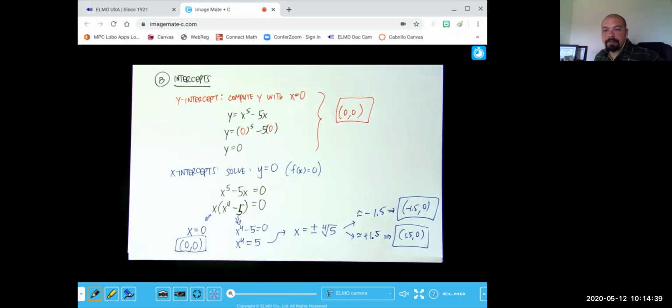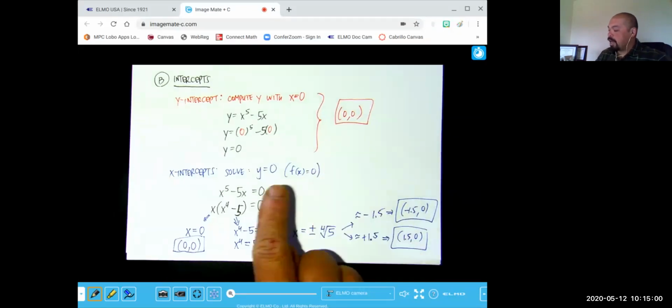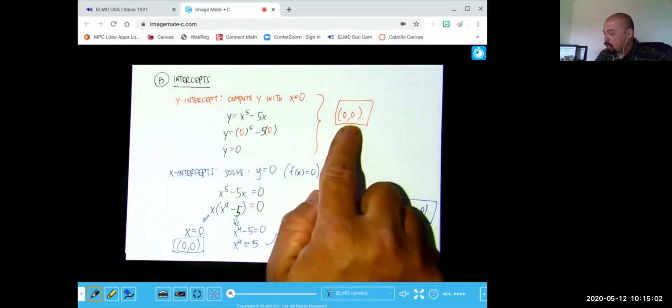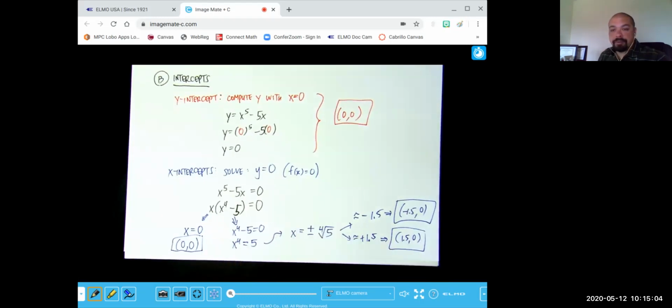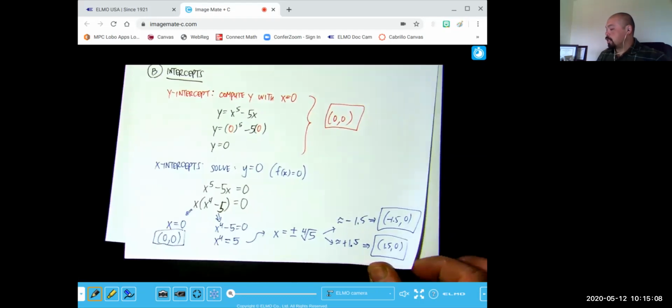And hopefully as we go along, these solutions might be a little bit cleaner. But in real life, we're not always going to get nice integer rational values. We might get these weird radicals, so make sure we take our time with those. But again, we're just trying to figure out some points, some locations where we have some facts: where we're crossing the y-axis, where we're touching or crossing the x-axis. And we can start to see those.